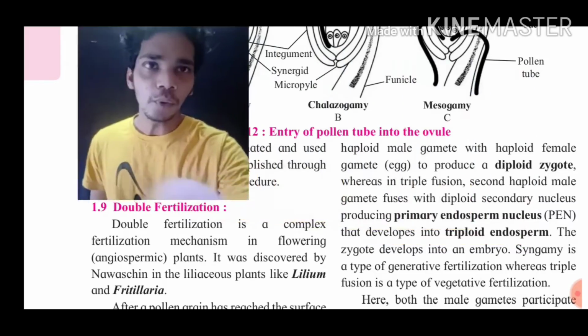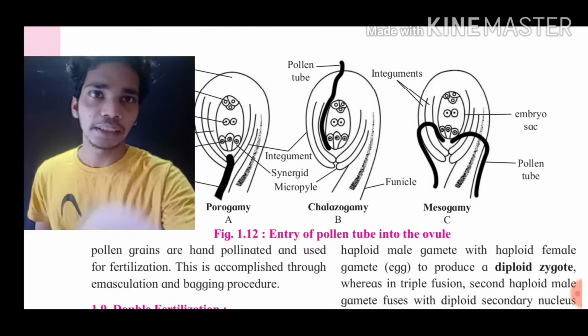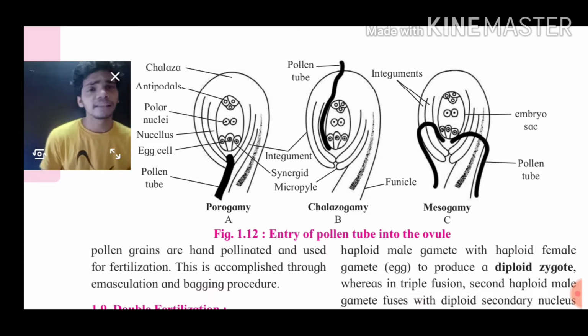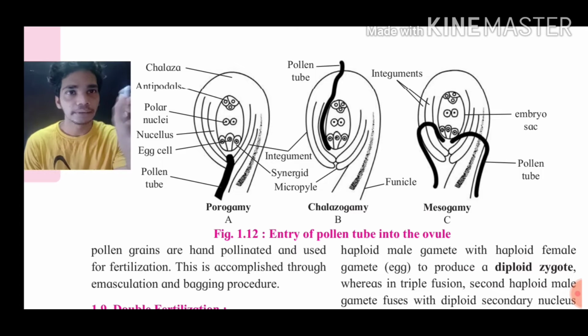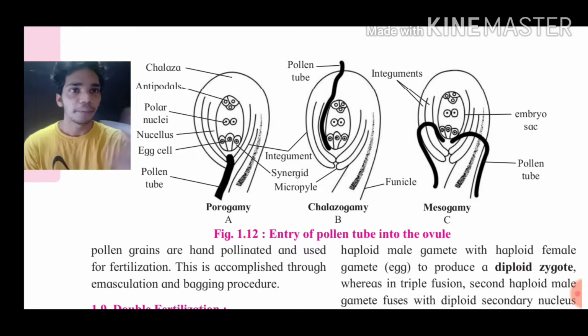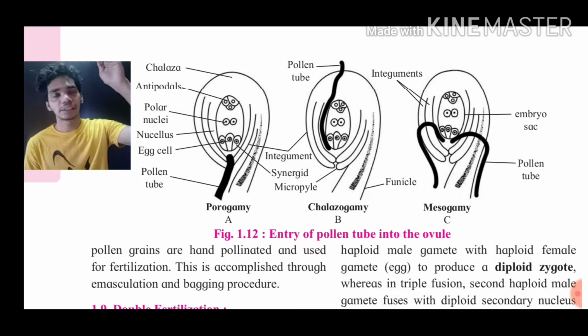Okay, before we go ahead, we should understand the diagrams given below. You can see black lines going in; that is the pollen tube. Three types, A, B, C, are given there. The first type is called porogamy. You must be aware of the micropyle and the chalazal end.